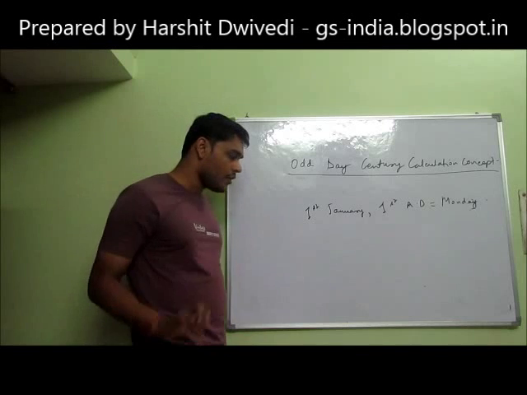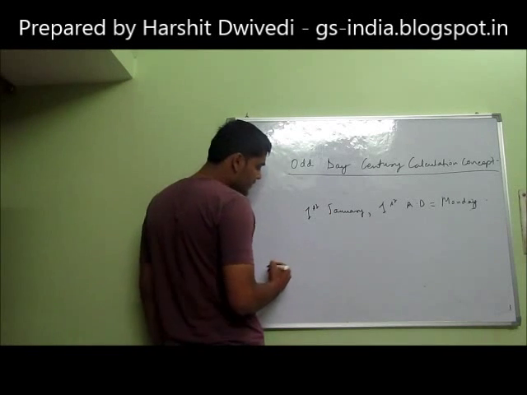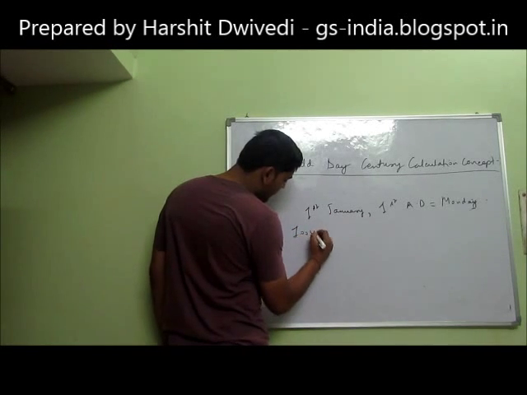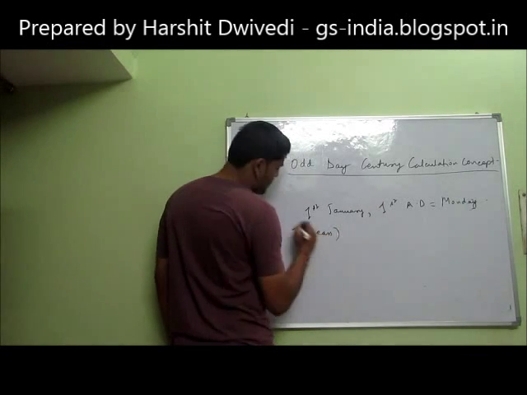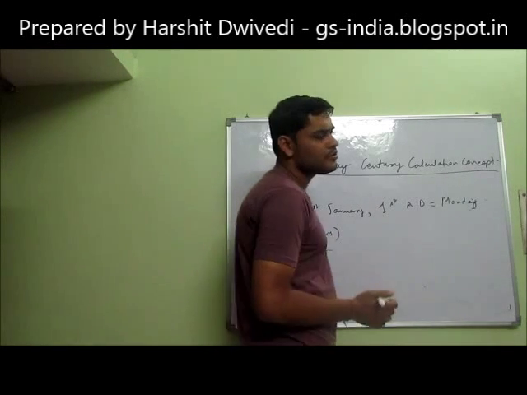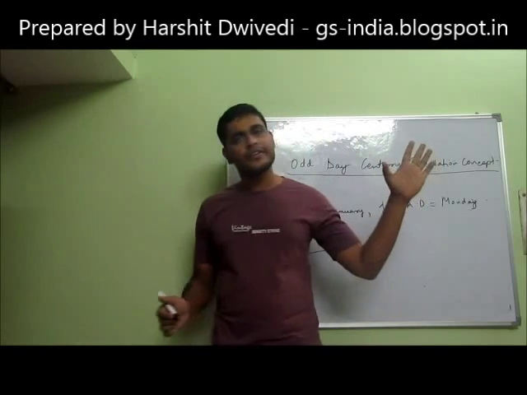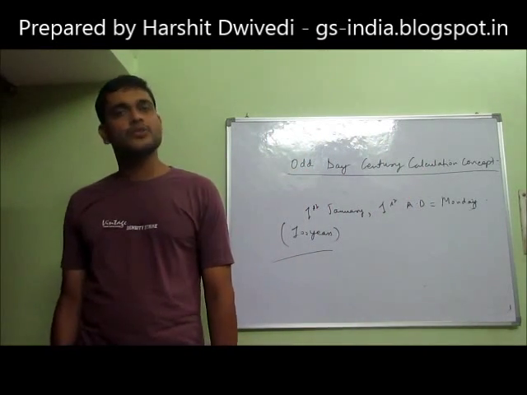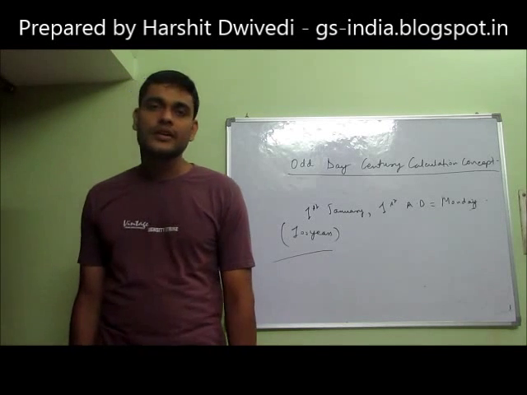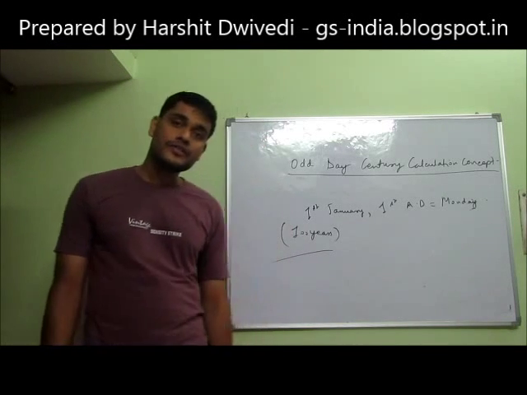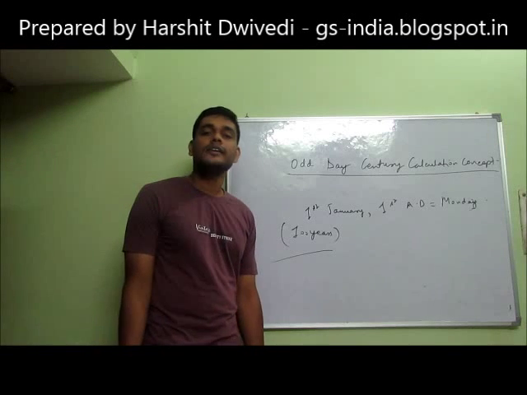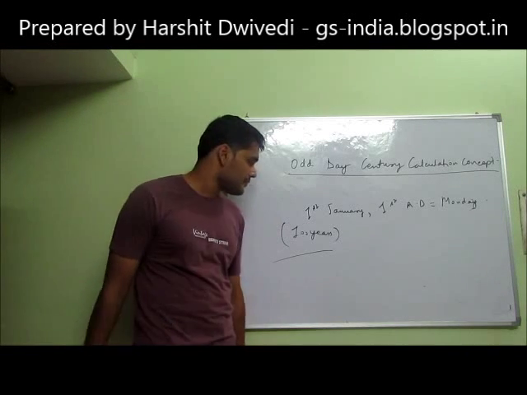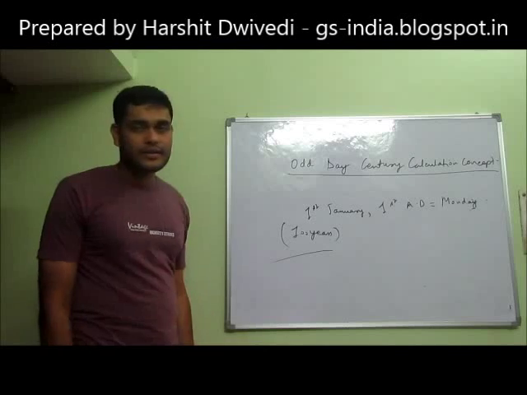Now, how many years are there in a century? 100 years. Let's talk about the 1st century. What is this? This is the 21st century. 20 centuries have finished. The 20th century finished in 2000 AD. After that, 2001 was the first year of the 21st century. We are currently in the 14th year of the 21st century. 100 years.